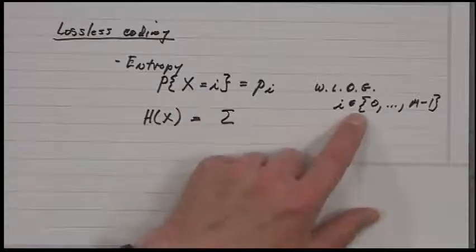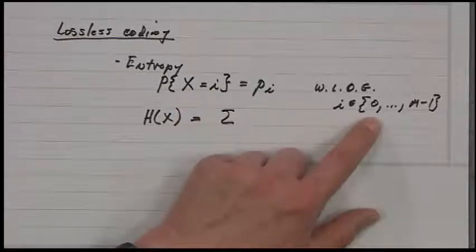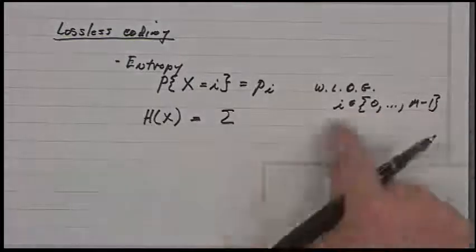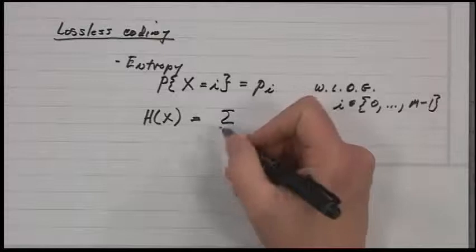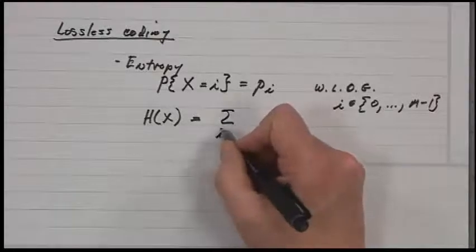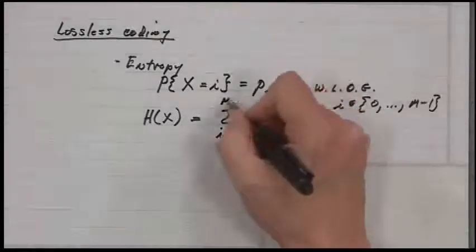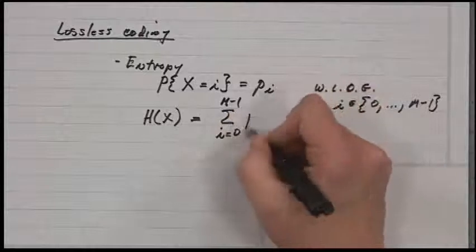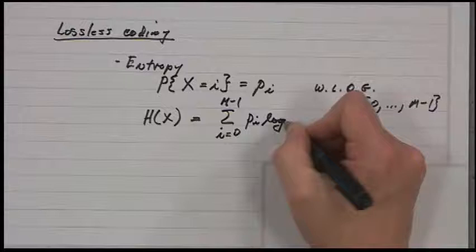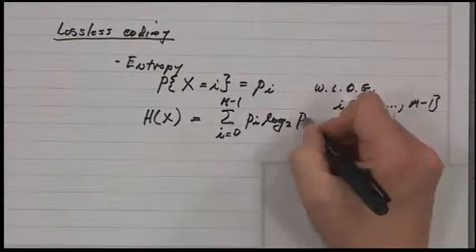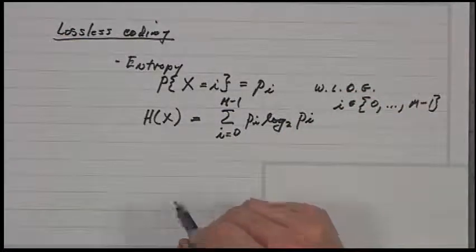And so assuming it's discrete with a finite number of levels, then without loss of generality, I can just assume those levels are 0 through m minus 1, because whatever they are, I can just map them to the m integers. Okay. So in this case, the entropy of the random variable is the negative of the sum from i equals 0 to m minus 1 of p sub i times the log base 2 of p sub i, right?